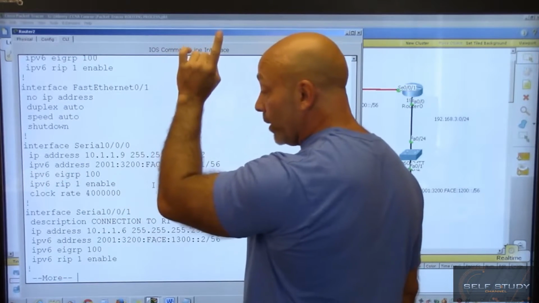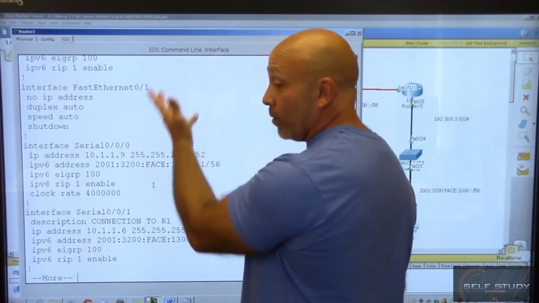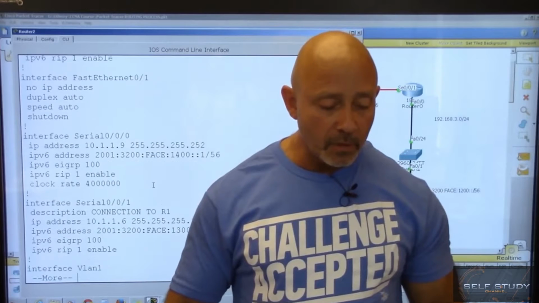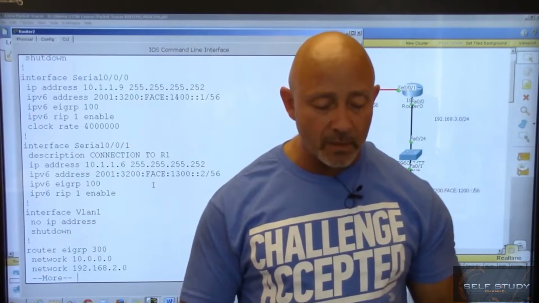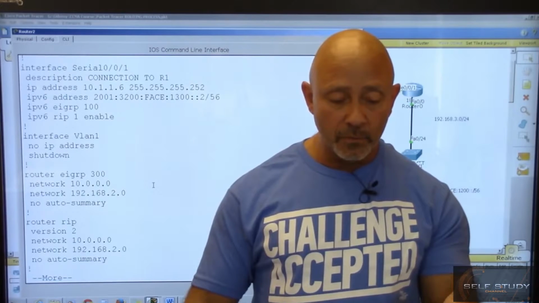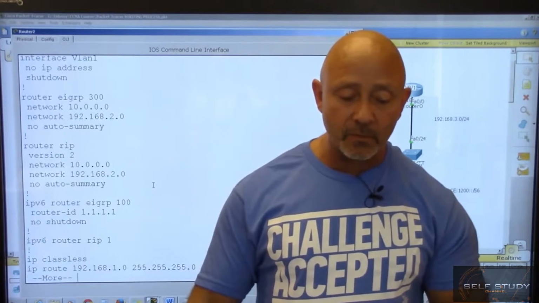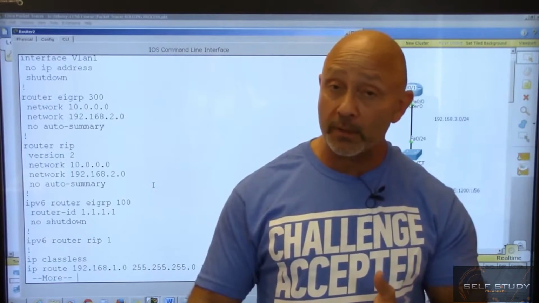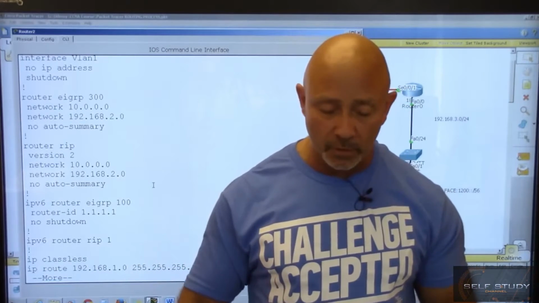So who's going to take over? You saw that when we created it, it came up, right? Before. So, okay, that's in there. Awesome. And there's router EIGRP for version 4. And then there's IPv6 router EIGRP 100 with the router ID and no shutdown, meaning it's turned on.